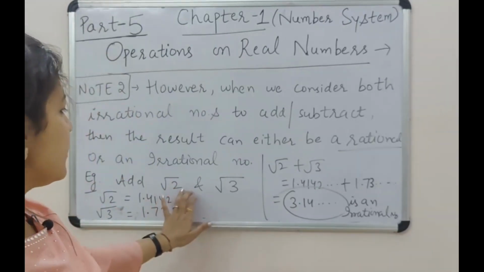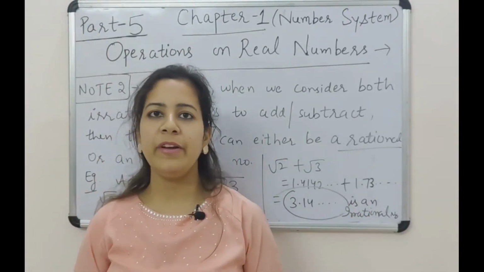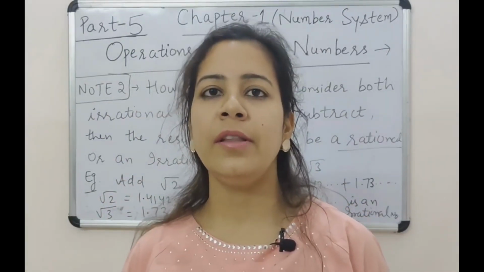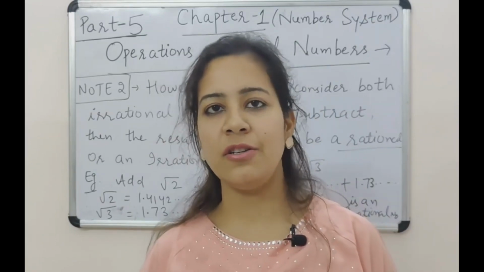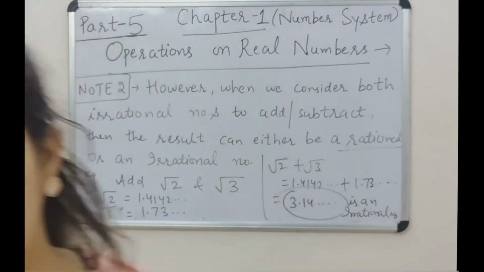So whenever we are considering distinct irrationals, the output is becoming an irrational. But when you are considering irrational numbers with just the sign changed, then your output may be a rational number. I hope this property, this note 2, is clear to everyone now.